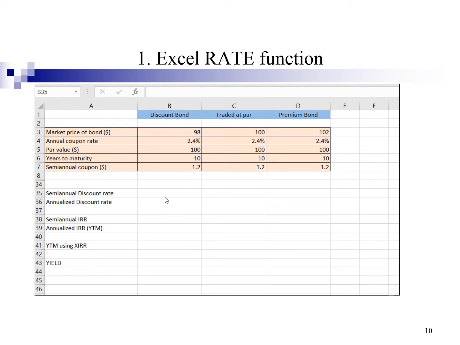First, let's use the Excel RATE function. I will type equal RATE, open bracket, NPER refers to number of periods, which is 10 years times 2, because there are 2 coupon payments per year, comma, PMT refers to the semi-annual coupon, so we shall put 1.2, comma, present value is the negative of the market price.